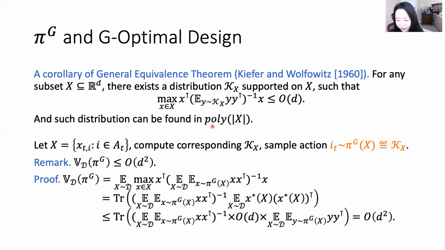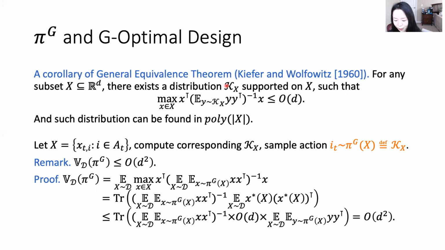You can see that if D is a singleton, the variance is already bounded by d and everything is solved. However, in the stochastic setting, it is much more complicated. But inspired from this corollary, we can first try pi-G, which is defined as the distribution pi_X here.